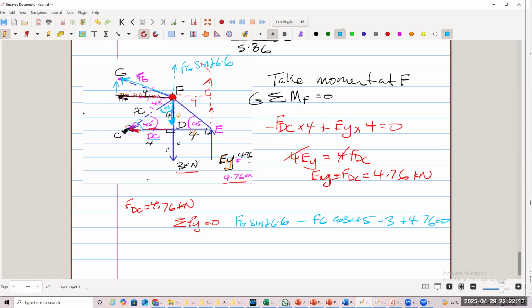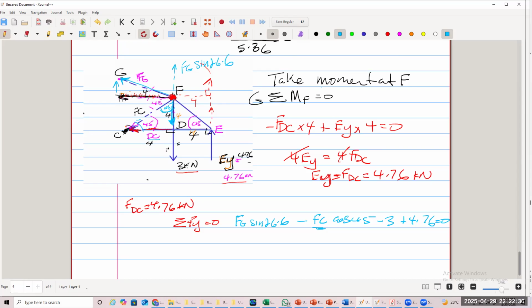What unknowns do we have now? Only one. Do you agree? Only Fc we don't know. We have worked out a value for Fg, which I want to double check and rework, but I'm going to use it nonetheless. I would suggest that we rework Fg to double check that value, to make sure that it's correct.